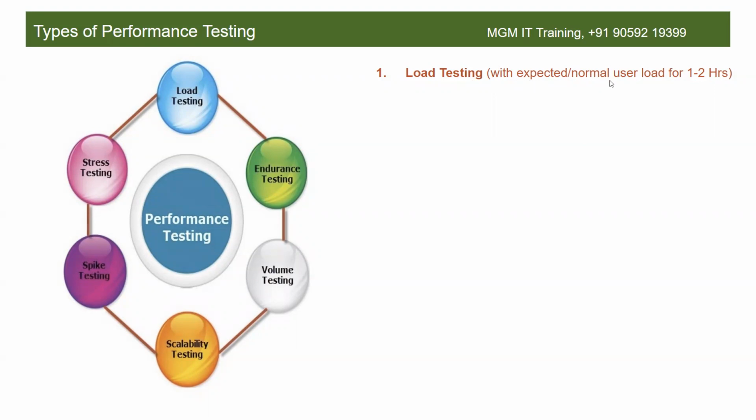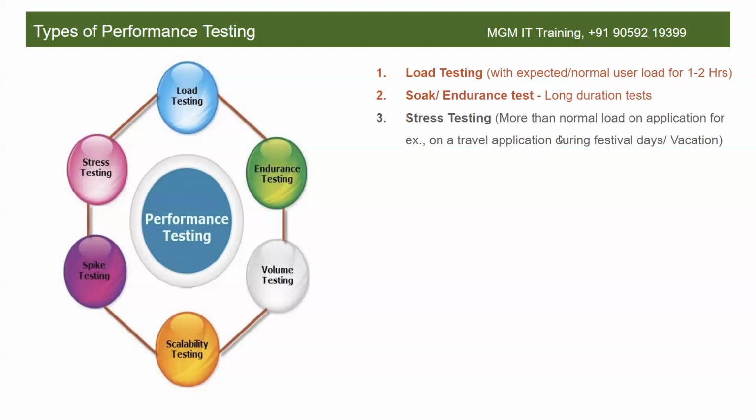Your client will tell this number, like my target user load is some 5,000 or 10,000. And you have to test the application with that user load for 1 to 2 hours. That is called load testing. And load testing is the first and foremost type of testing. After doing load testing only, we will do other types of tests like soak test, stress test, and all this. Clear, guys?